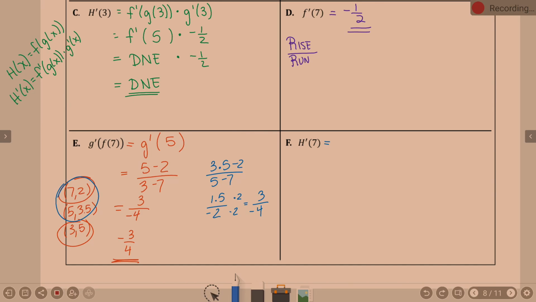Okay. H prime of 7. So H was the f of g of x, right? So this is going to be f prime of g of 7 times g prime of 7. Have we done g of 7? Okay.